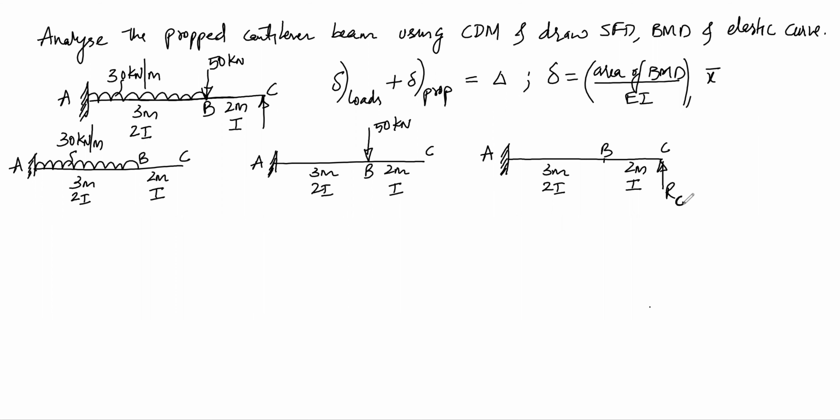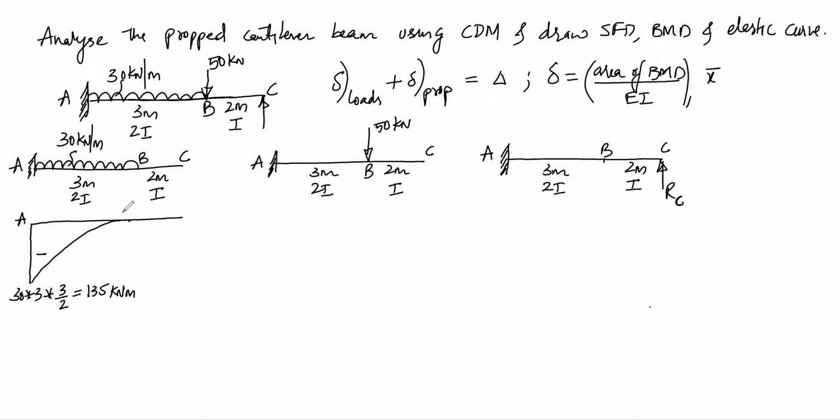Now we have to draw the bending moment diagrams for each of these cases. So for cantilever with partial UDL, it will be a hogging bending moment like this, and this will be negative, and the value here will be 30 into 3 into 3 by 2, which is 135 kilonewton meter.